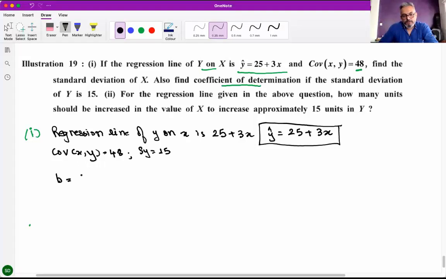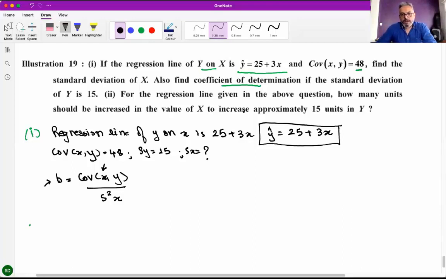B is equal to covariance x comma y upon s square x. Now we have covariance x comma y. We have to find out standard deviation of x. That is what is missing, standard deviation of x. But what about this b?